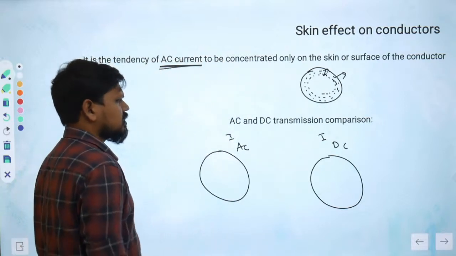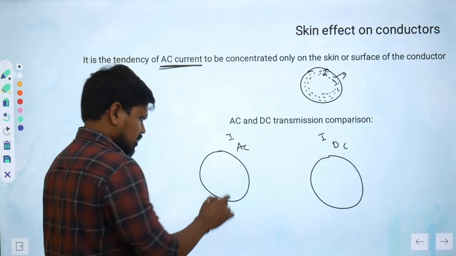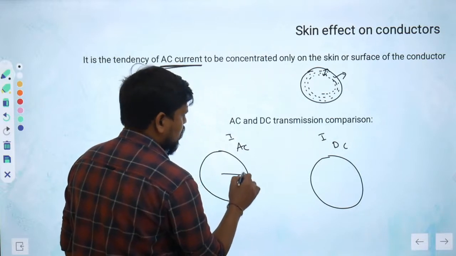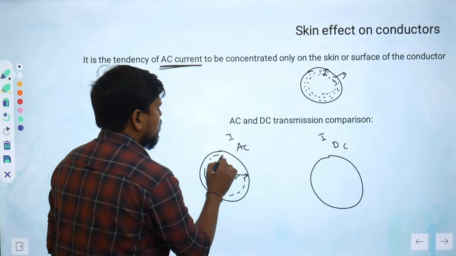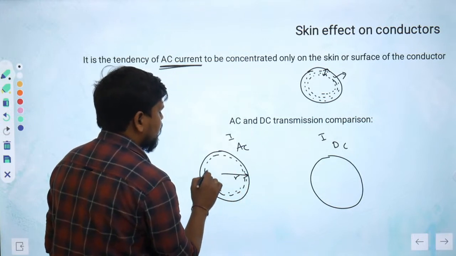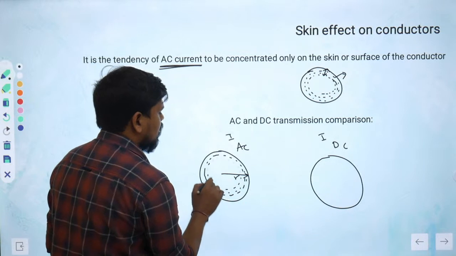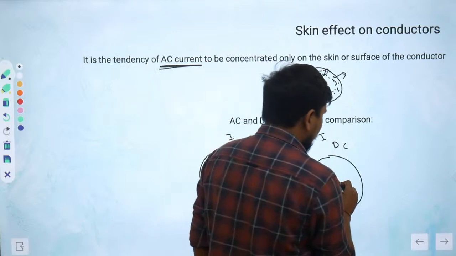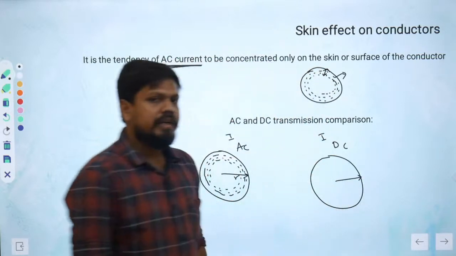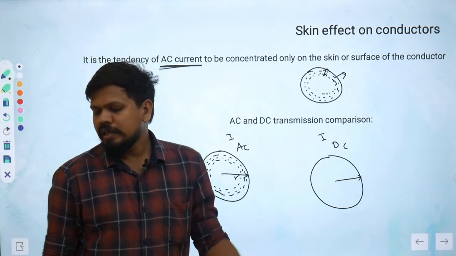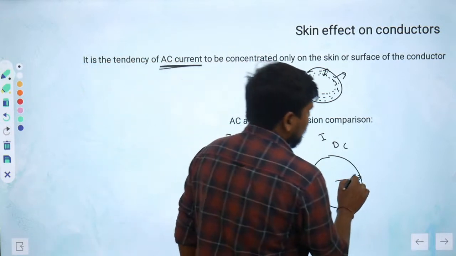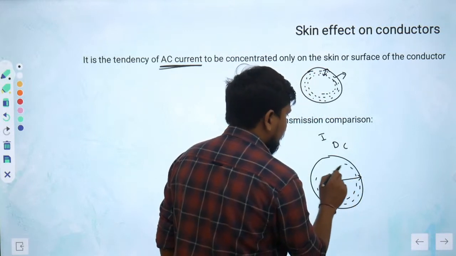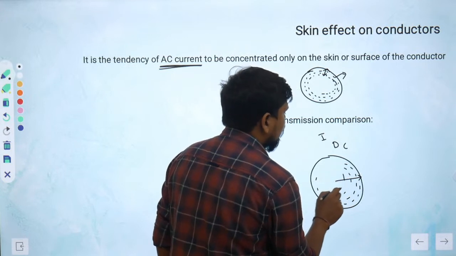In AC, if the entire radius is R, you will not get current flow over the entire radius, but only near the surface, because of the skin effect. But in DC there is no such frequency effect, so it does not happen. That is why for the entire area of cross section you get the current flow like this.